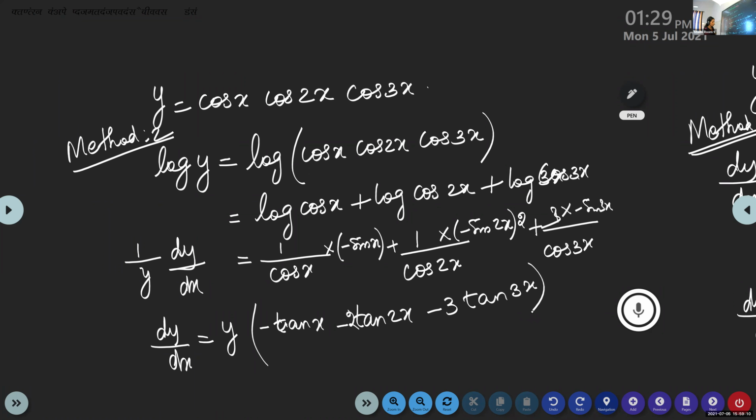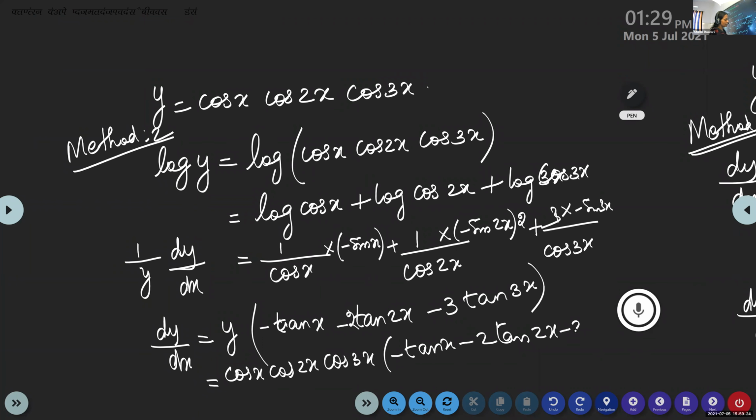Now substitute for y. What is y? y is cos x cos 2x cos 3x into minus tan x minus 2 tan 2x minus 3 tan 3x. When you open the bracket and simplify, you will get the same answer. So this is dy by dx.